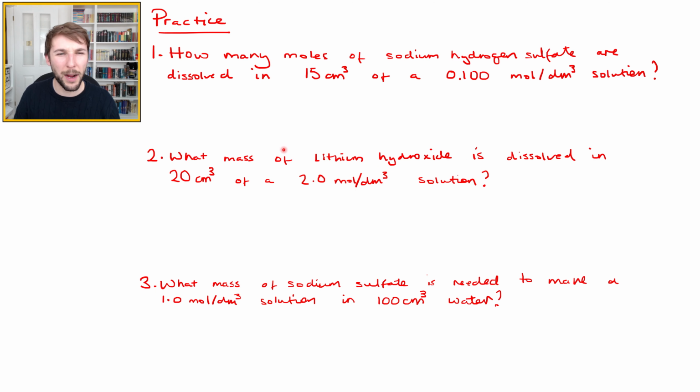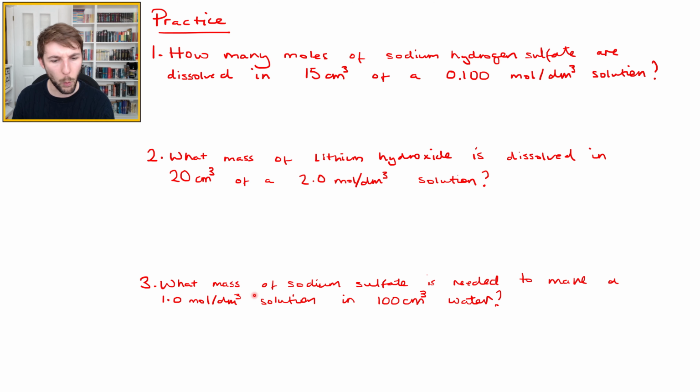Okay, so you've now got some practice ones for you to do. The first one is how many moles of sodium hydrogen sulfate are dissolved in 15 cm³ of a 0.1 moles per dm³ solution. The second one is what mass of lithium hydroxide is dissolved in 20 cm³ of a 2.0 mole per dm³ solution. So you need to use 2 equations on the second one.